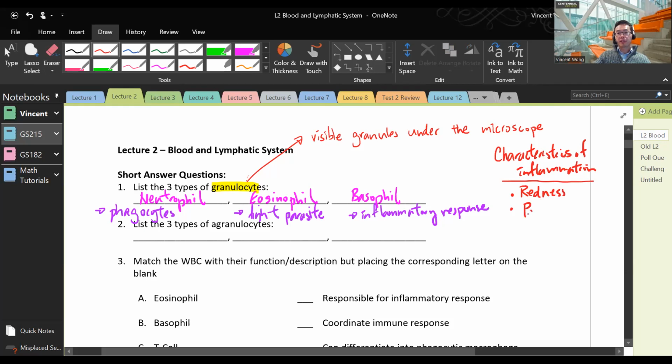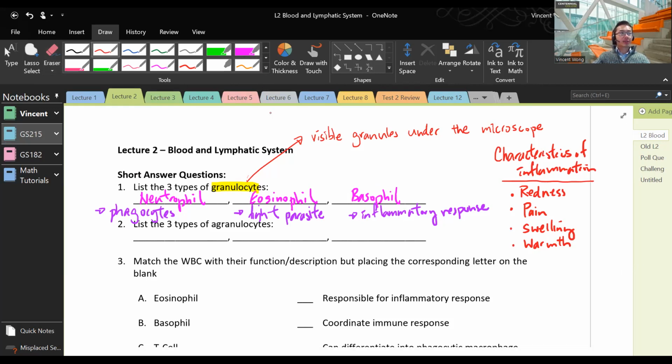It's going to be painful. It's going to be swollen. And it's going to feel a little bit warm. These are the hallmarks of inflammation, and part of it you can blame on basophils. So there you have it, the 3 types of granulocytes.